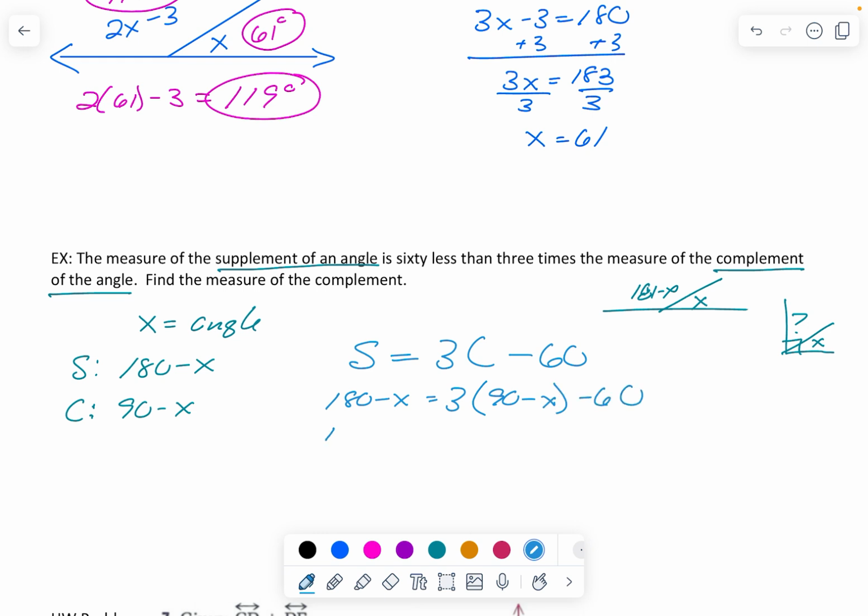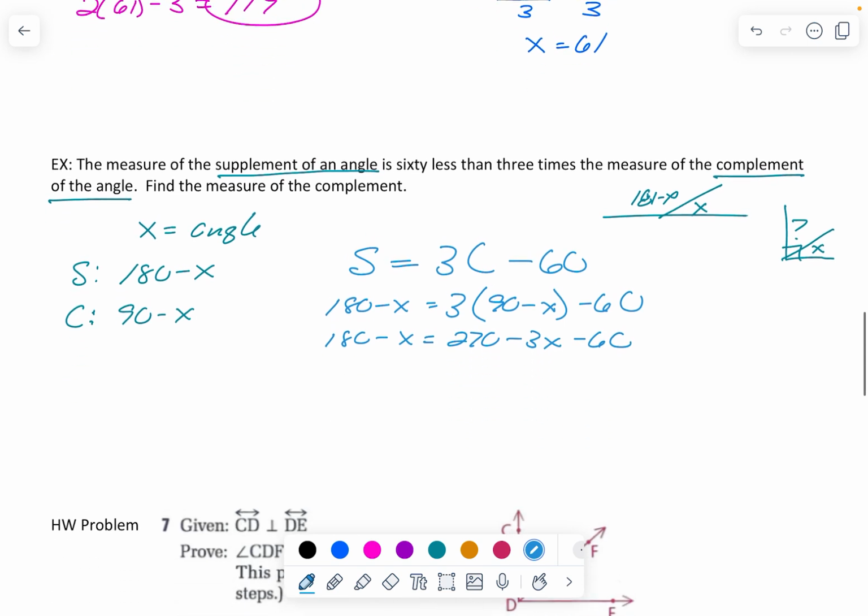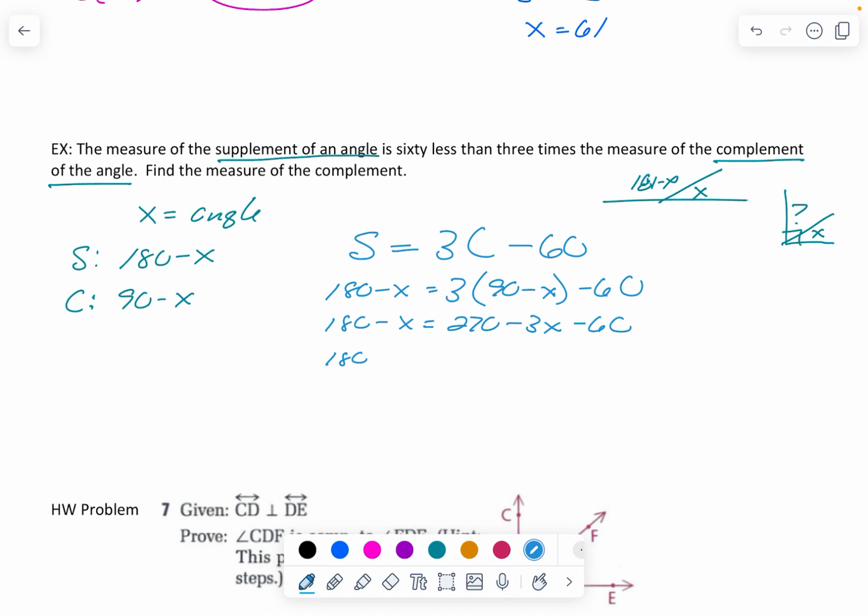And simplifying, we're going to get 180 minus x equals 270 minus 3x minus 60. Simplifying, 180 minus x equals 210 minus 3x. Adding 3x to both sides, we get 180 plus 2x equals 210.